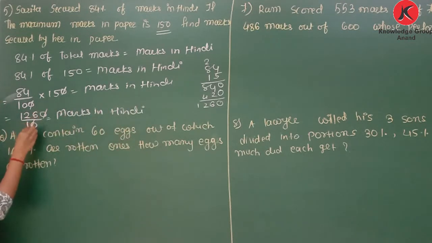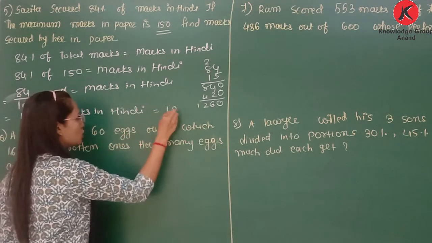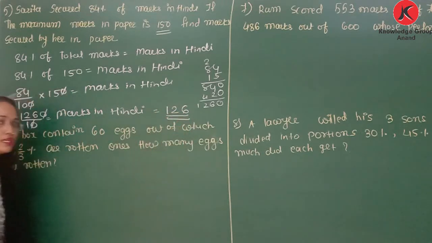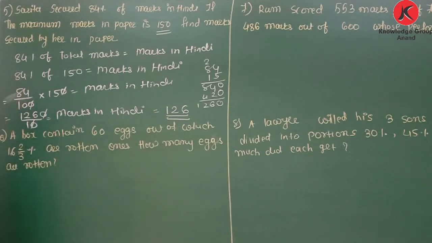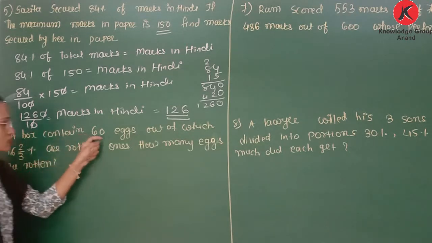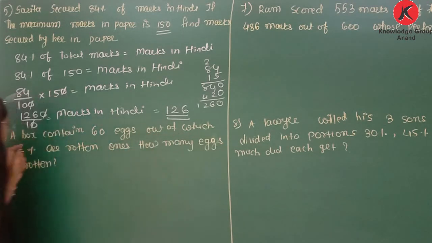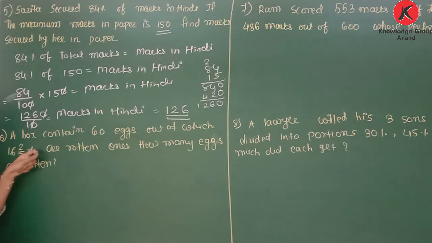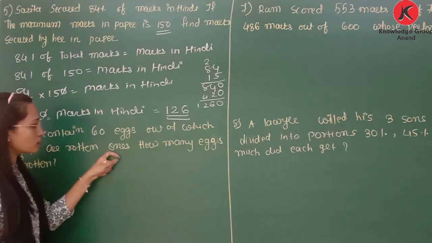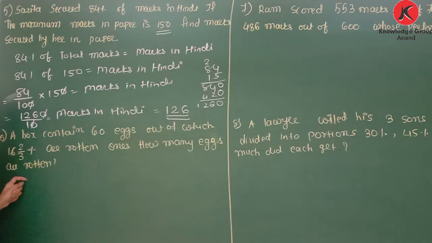So here 10 cancel, so in Hindi she got 126 marks from 150. Clear? Now next one. A box contains 60 eggs, out of which 16 2 by 3% are rotten ones, and how many eggs are rotten? So here the percentage is given.